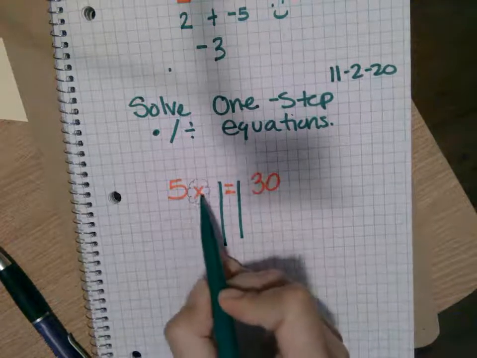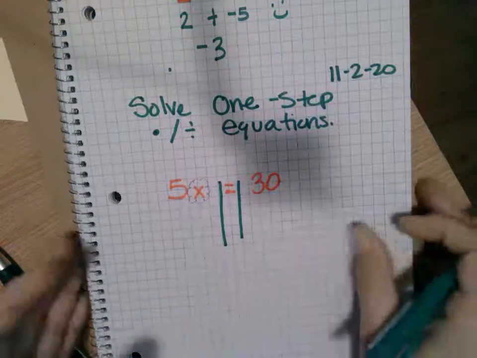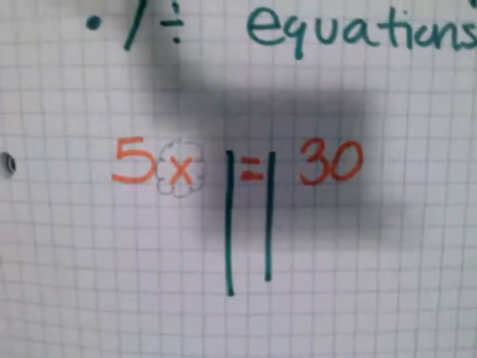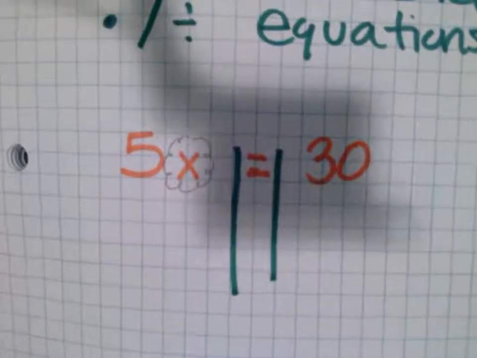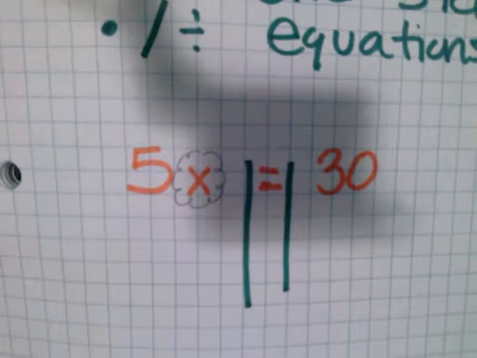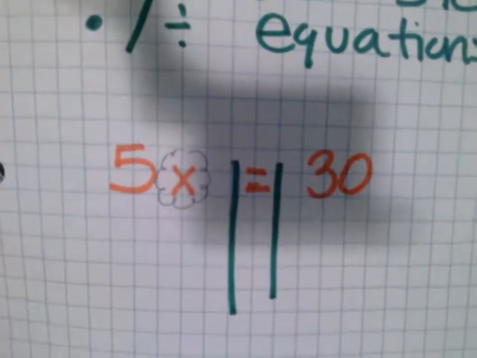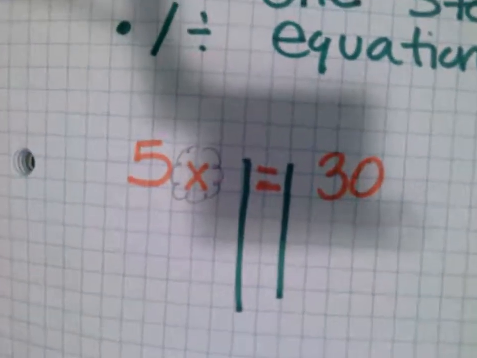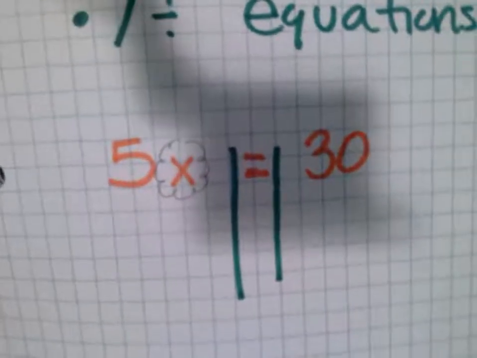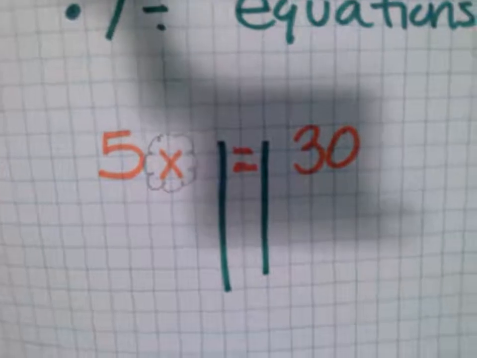If the 5 is right next to the x, and you zoom in right there, do you see an addition sign? No. Do you see a subtraction sign? No. Do you see a division sign? No. Do you see a multiplication sign? No. Gosh, there's nothing there.